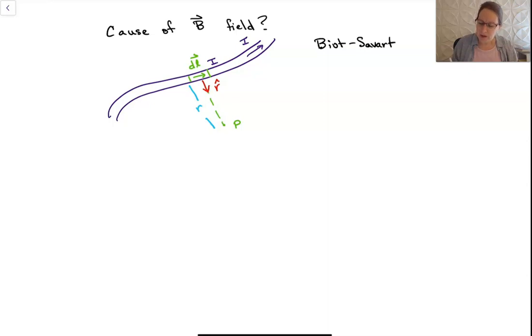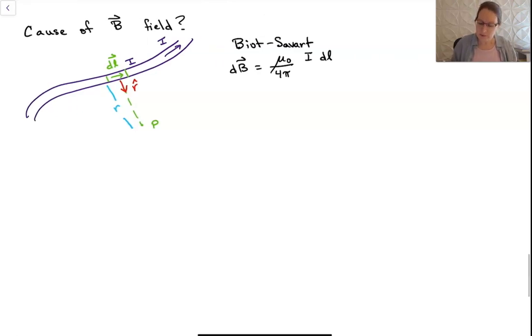Okay, and so that says this little bit of magnetic field at this point is equal to mu naught, which is a constant, over 4 pi, times I dl cross r hat over r squared. So mu naught is given by 4 pi times 10 to the minus 7.